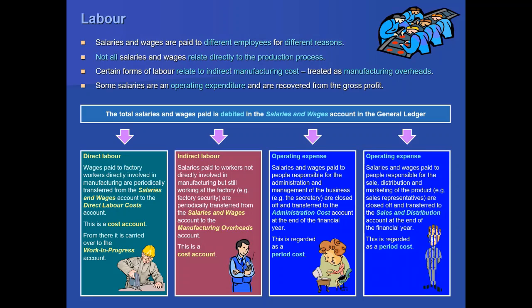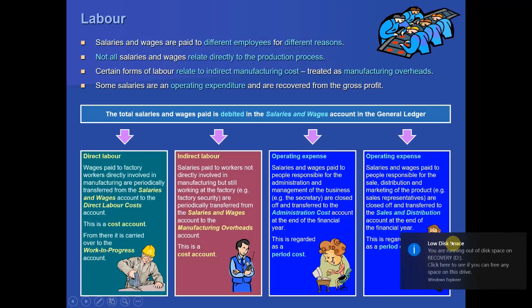And then we have operating expenses that relates to the salaries and wages paid not to the admin people, but people responsible for the sale, the distribution, and the marketing of the product, like the sales representatives. So again, we know salaries and wages have a debit balance. We now have to credit it with the portion that relates to these sales representatives and those kind of people, sales manager, etc. And so that is now transferred to the sales and distribution account.